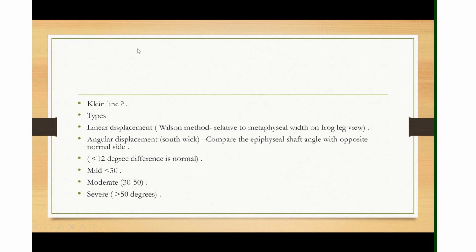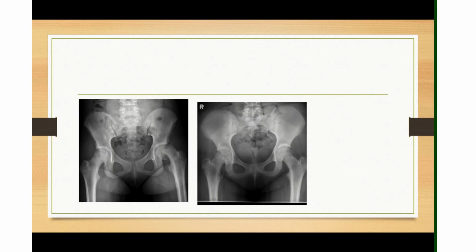Yeah. So what is meant by Klein's line? We will explain that. It's important. Klein's line means we draw a straight line along the lateral cortex of the femoral neck over here. If you draw a straight line like this, you can see the line is cutting through only a part of the epiphysis. So this line is called Klein's line.